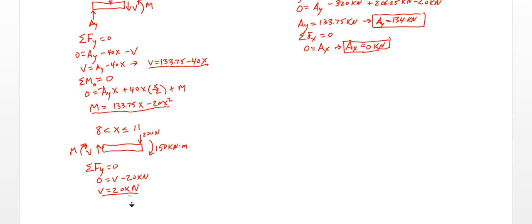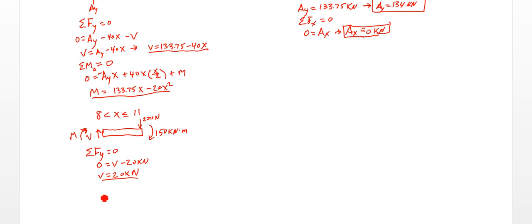And then adding up my moments, sum of the moments around O equals 0. 0 equals M minus 150 kilonewton meters minus, and where is this going to be? It's going to be operating at x away, or the length here, so it's going to be 11 minus x from here to there.